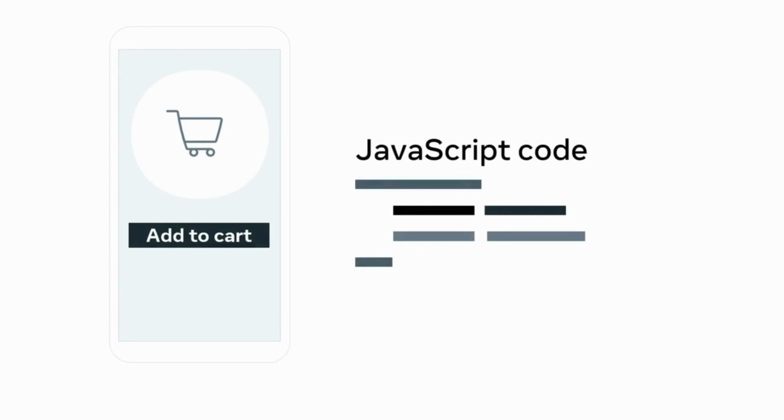Let me describe an example. You might want to listen for a click event on an Add to Cart button. Once you capture such an event, you might want to run some JavaScript code. For example, I can add a circle with the number 1 on it next to the shopping cart icon to indicate that there is now one item in the shopping cart.